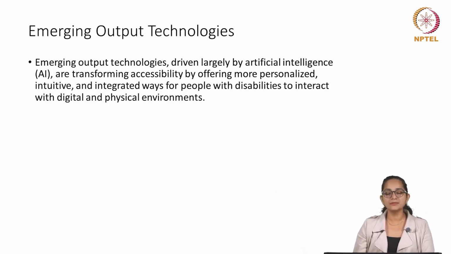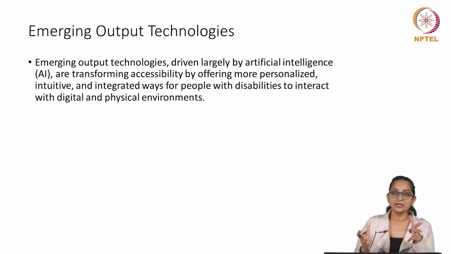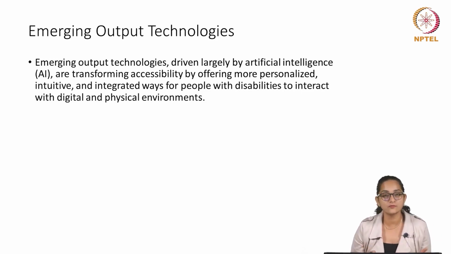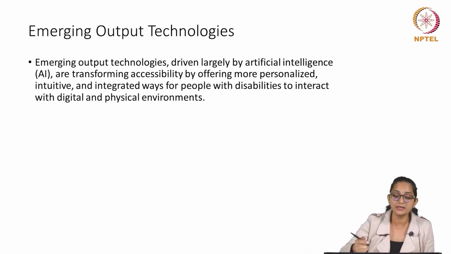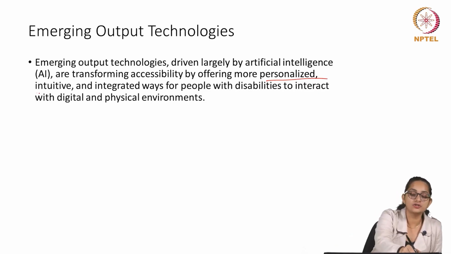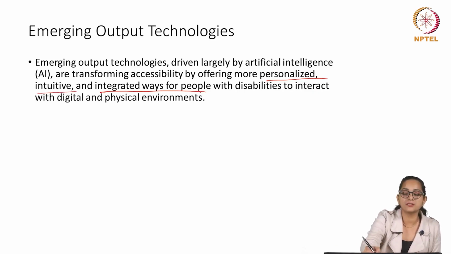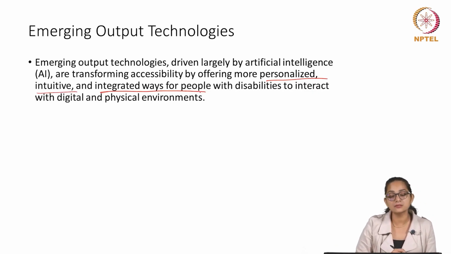So let us now move to emerging output technologies. Emerging output technologies are driven, again, largely by artificial intelligence and are transforming accessibility by offering more personalized, intuitive and integrated ways for people with disabilities to interact with digital and physical environments.